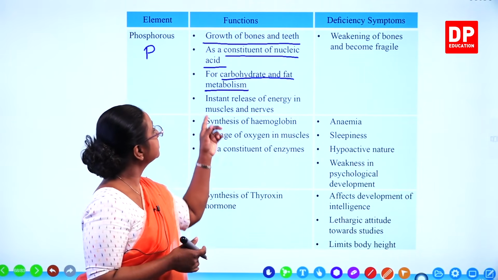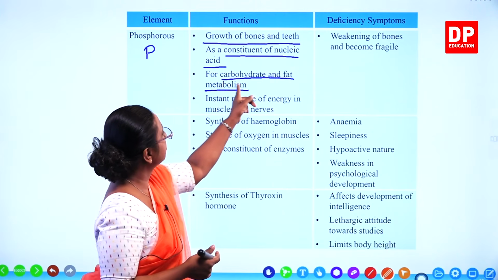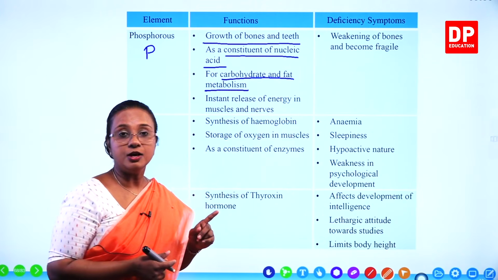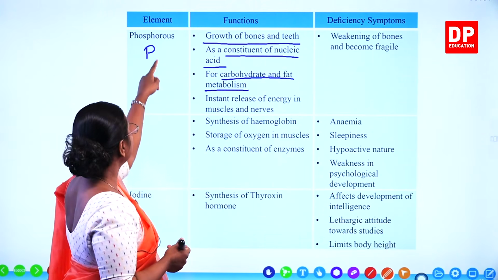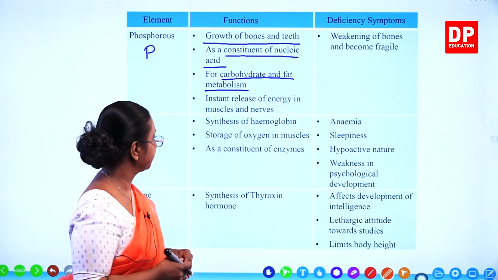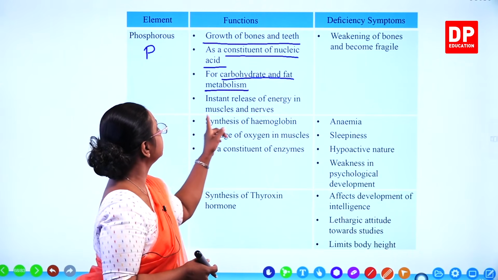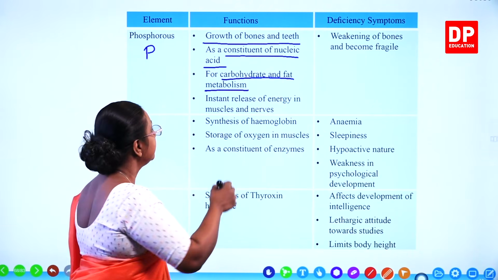So for these metabolic activities, especially the metabolism of carbohydrate and fat, there should be enough phosphorus in the human body.